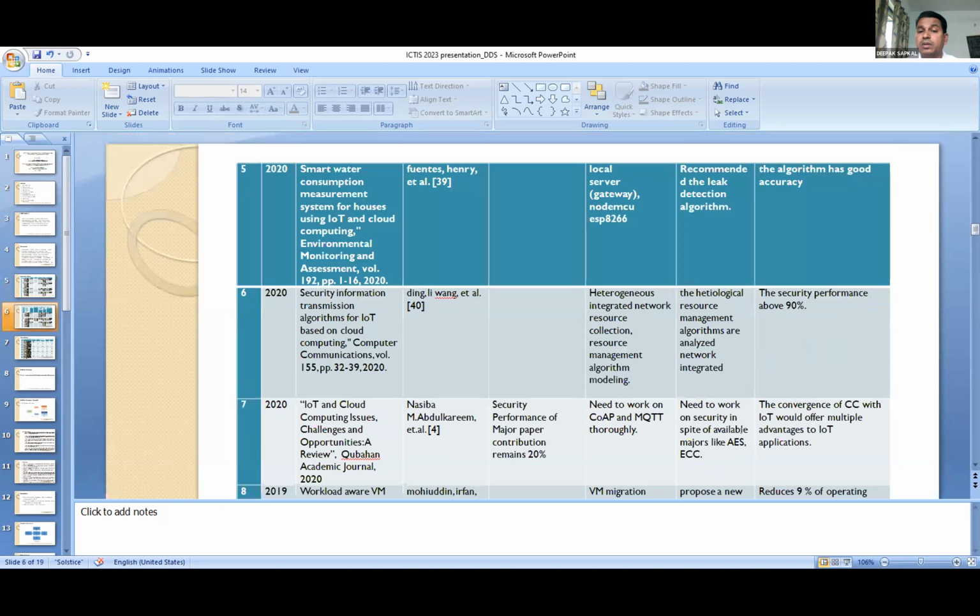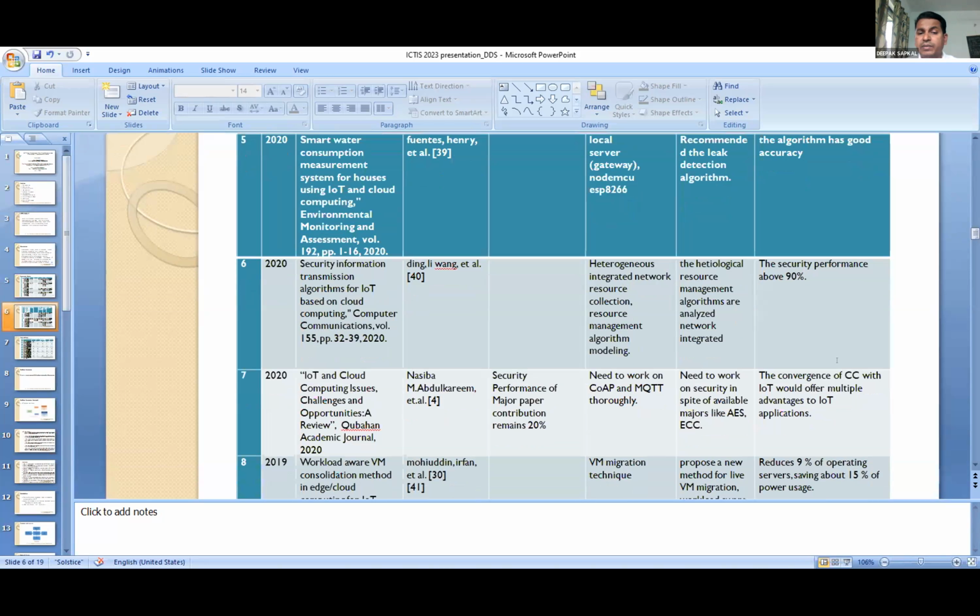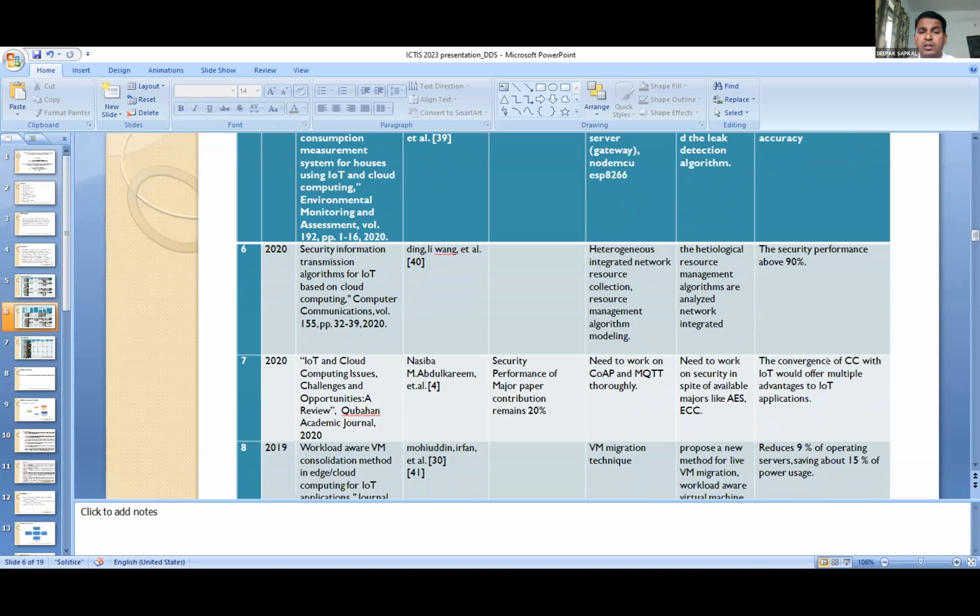The sixth paper is the heterogeneous security information transmission algorithm for IoT-based cloud computing. This talks about resource management, but less about security aspects. Another paper is IoT cloud computing issues, challenges and opportunities, which is also a survey. All the papers have certain lacunas regarding security.